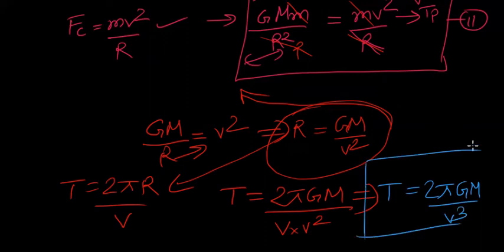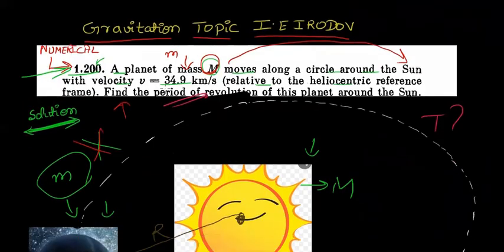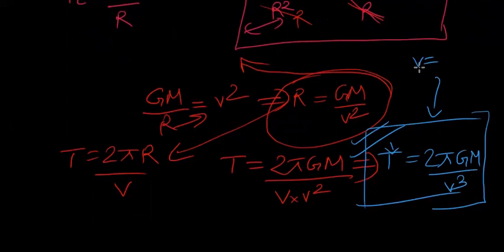This is the required answer of this numerical. So the time period of revolution of a planet around the sun is equal to 2 pi G M by v cube. Now you can substitute the value of v, given here in kilometer per second, which is 34.9 kilometer per second.